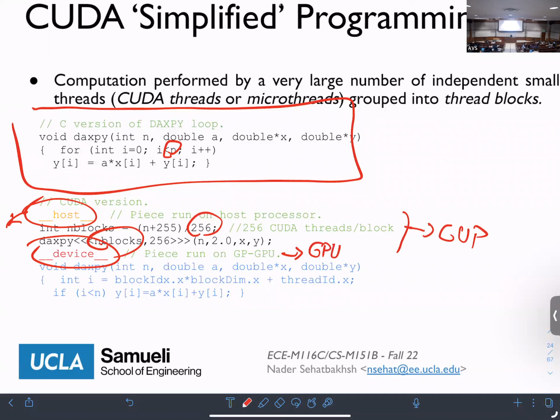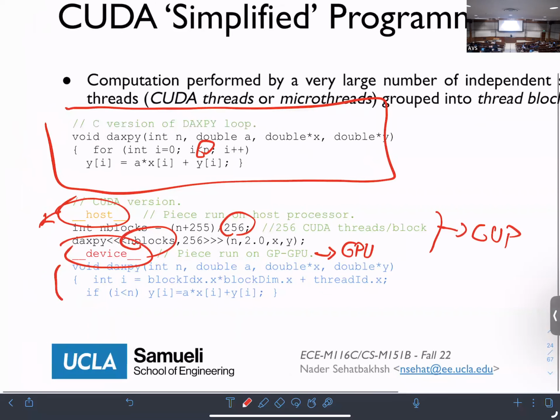Okay. So on the GPU side, all we need to do is use this index and this block ID, then run this application. All it says is that if your thread ID is 0, for example, you need to get X0, Y0. If your thread ID is 1, you need to get X1, Y1, and so forth. All right.